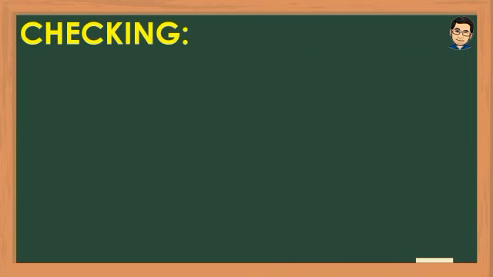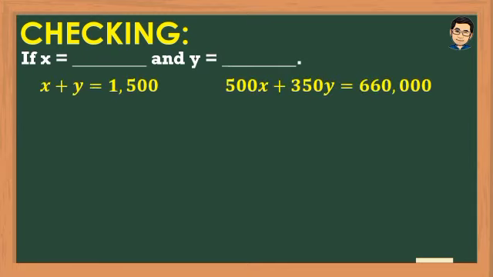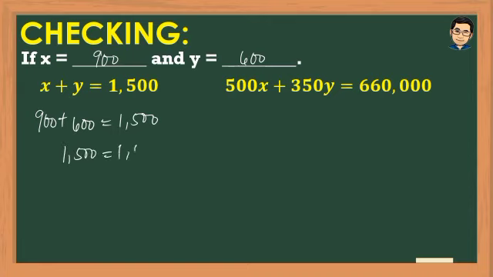So, let's have the checking. So, if the value of x is 900, and then the value of y is 600. So, substitute lang natin, x is 900 plus y, that is 600, equals 1,500. 900 plus 600, that is 1,500, equals 1,500.